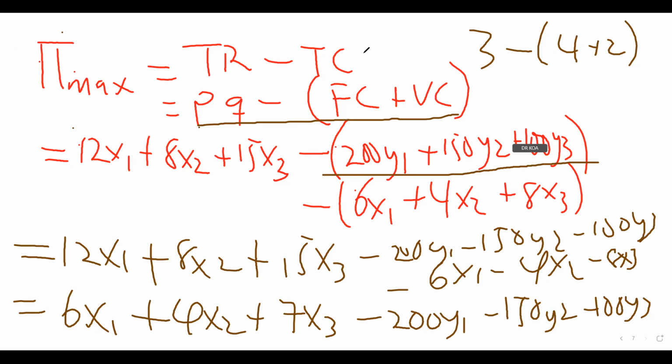It is minus 100y3, and I've written minus 100y3. Augustine, why do you say it is minus 100y3? The 100 is there, the minus is there. It is minus 100.